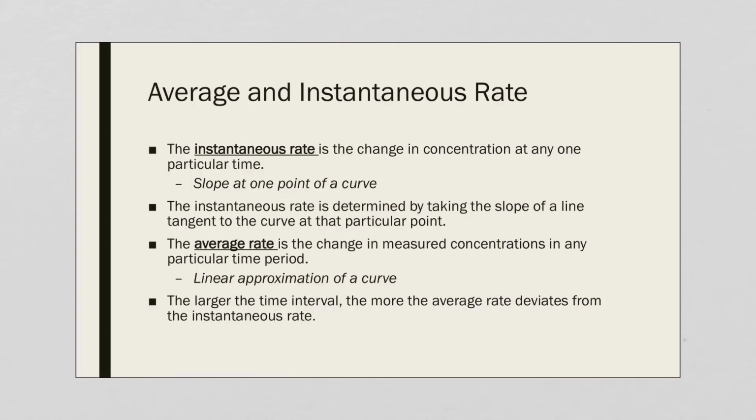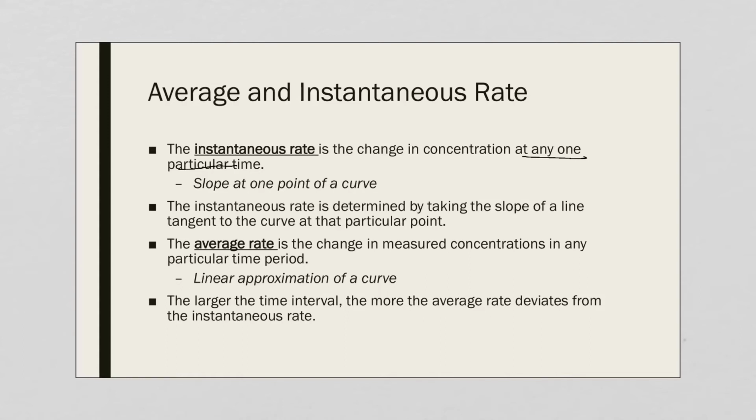So as a reminder, the instantaneous rate is the change in concentration at any one particular time, right? In other words, the slope of that tangent line that we went through that example for. Now, the average rate is the change in concentration over any particular time period.